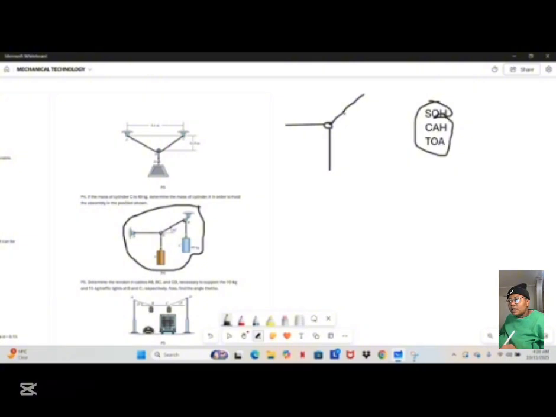Then here it's attached to something to hold here, and even here there's something attached to hold this part.